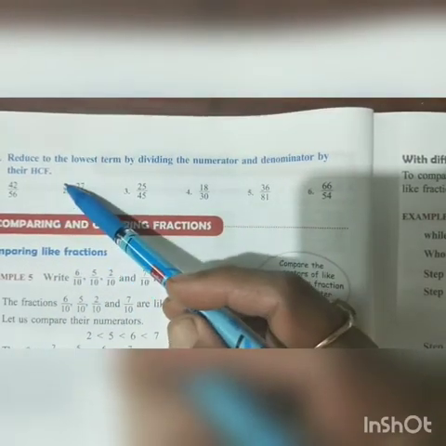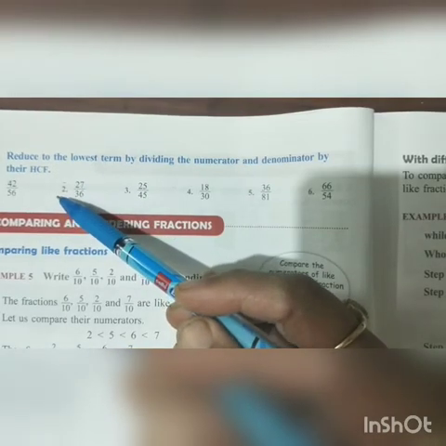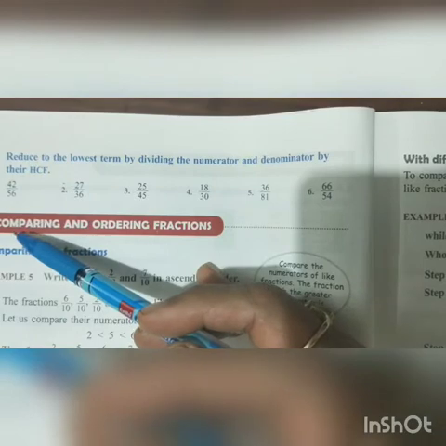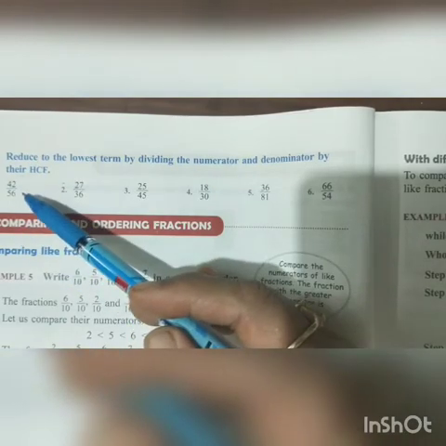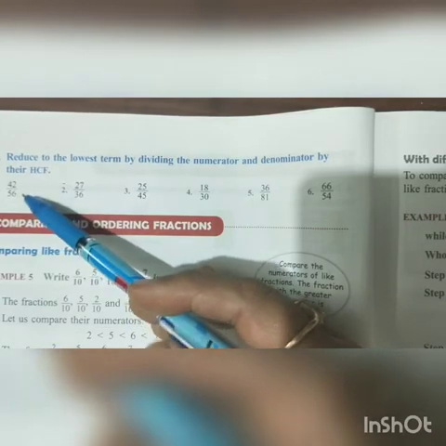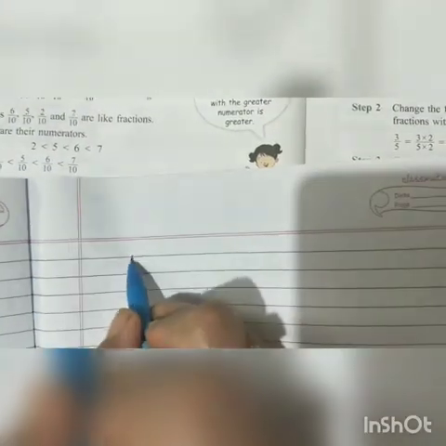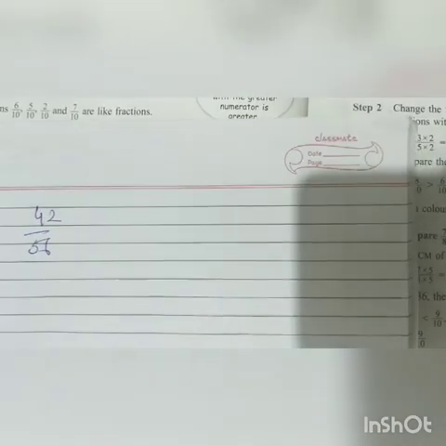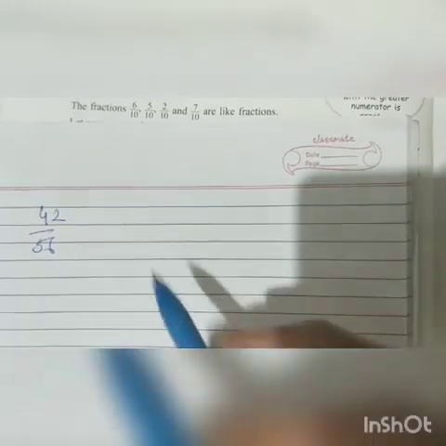Now in this question you have to divide the fraction by the highest common factor. So first we will find out the HCF of 42 and 56, then we will divide. Question 1, 42 by 56. First we will find out the HCF by the long division method.